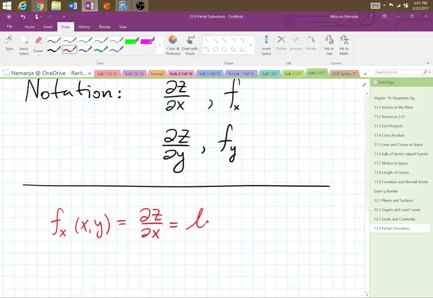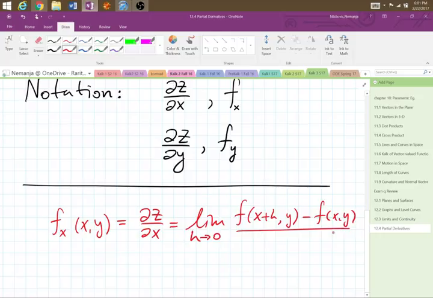It's going to be the limit as h goes to 0 of f of x plus h comma y minus f of x comma y divided by h. So you see that there is no difference except you have the comma y everywhere, because this is technically just the Calc 1 derivative, which acts now as x-axis, and the z-axis are creating what used to be x and y-axis before.